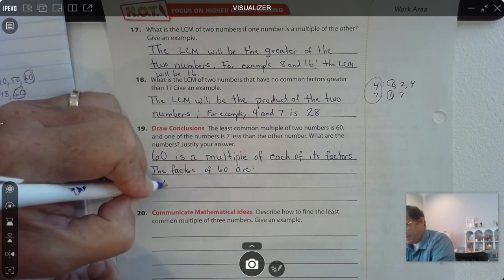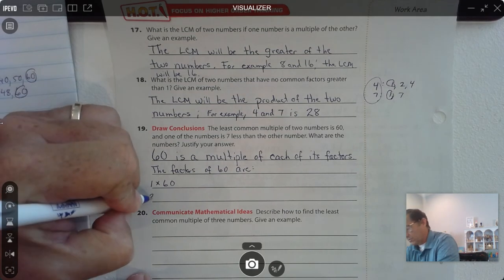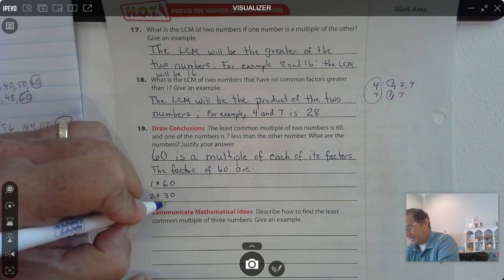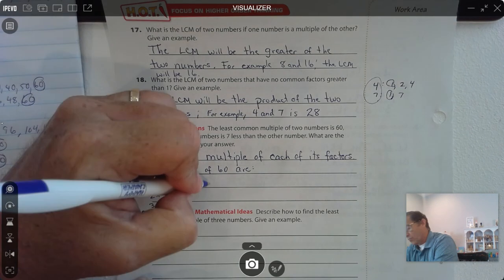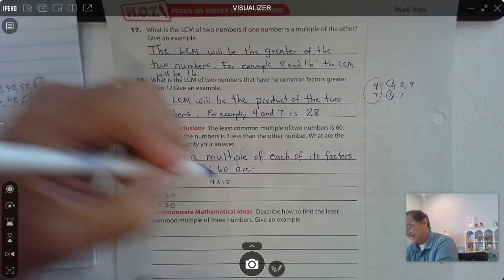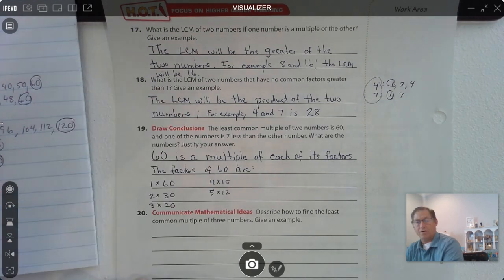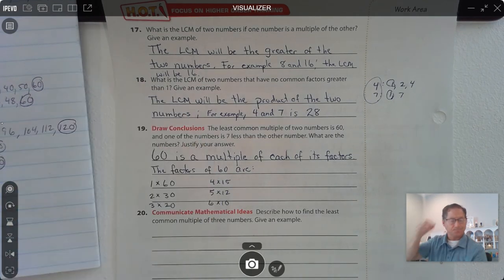So we know 1 times 60. We know 2 times 30. 3 times 20. 4 times 15. 5 times 12. 6 times 10.